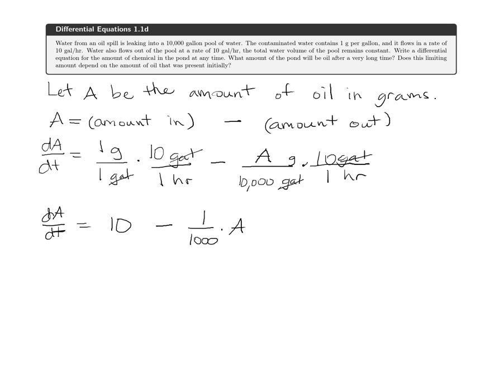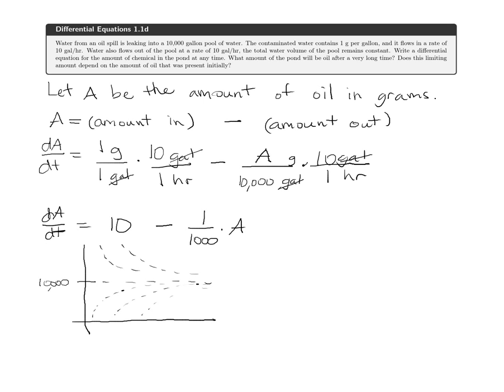You'll get 0. So we could also plot the slope field here. If I go up to 10,000, the slope is 0. If there's less than 10,000, what we will find is that we're approaching 10,000 grams, and that's actually true whether we had more than 10,000 to start with or not.